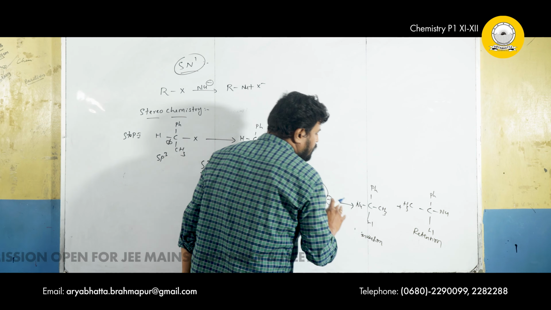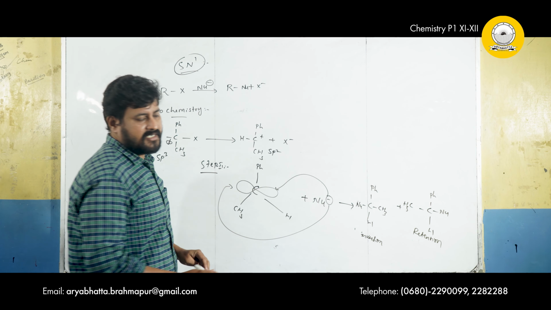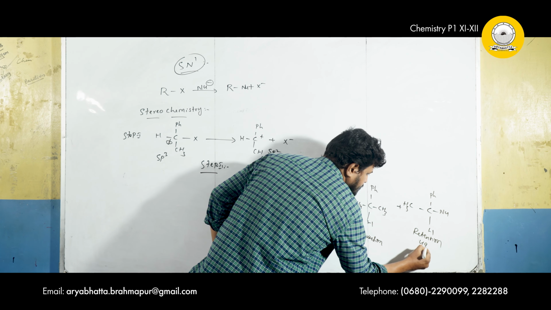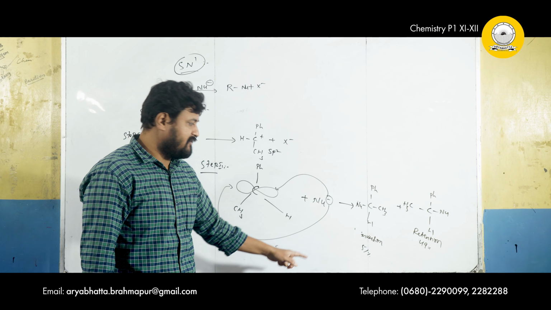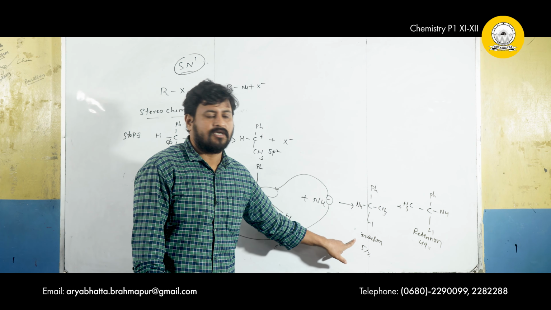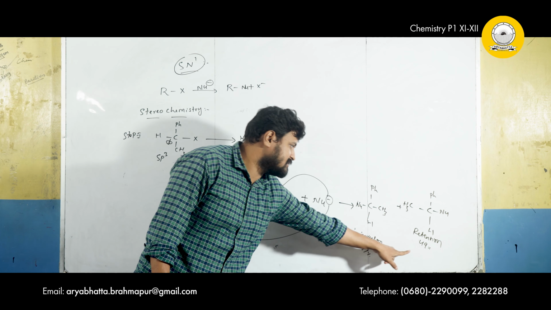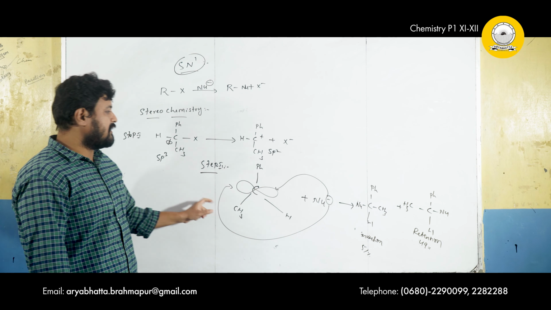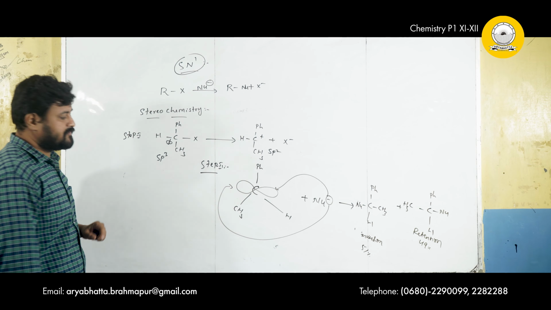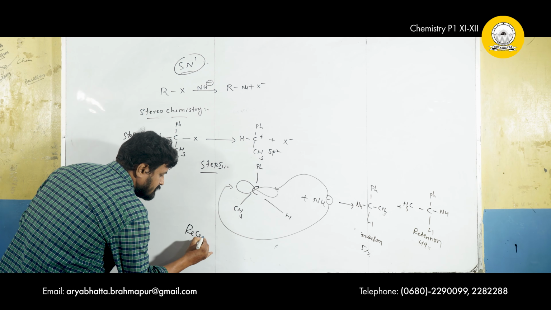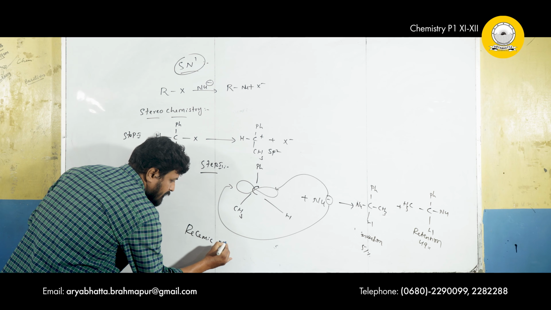Actually, both are not exactly 50-50. This is 49%, and somewhat of an excess of the inversion compound forms. This is 51% and this is 49%. Finally, the stereochemistry of the SN1 mechanism is a racemic mixture.